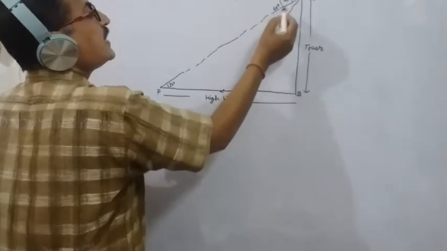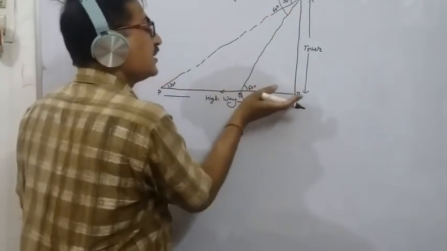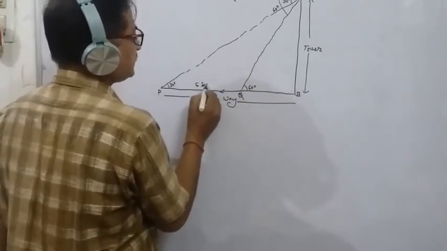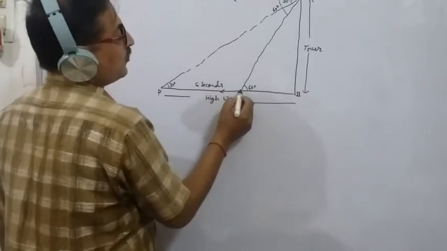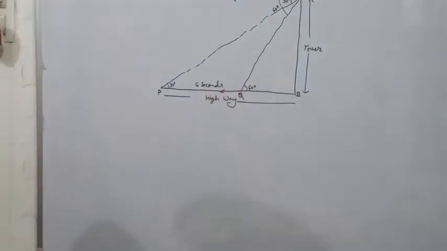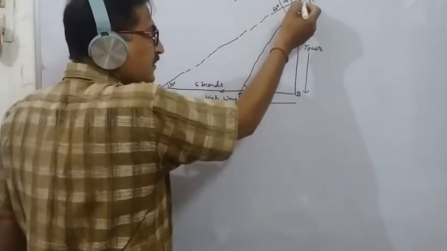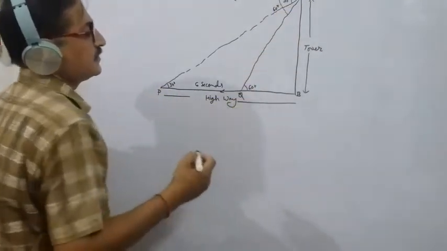After 6 seconds, the car going towards the tower reaches point Q, and the angle of depression seen from the top by the person is 60 degree.